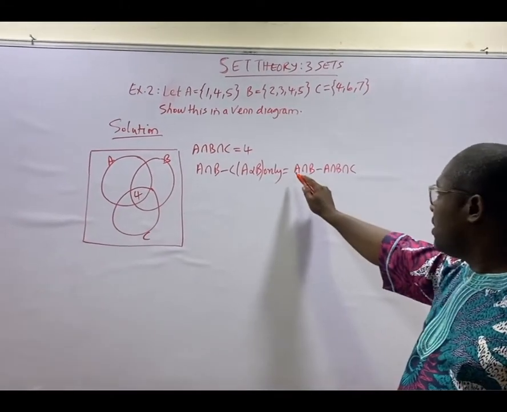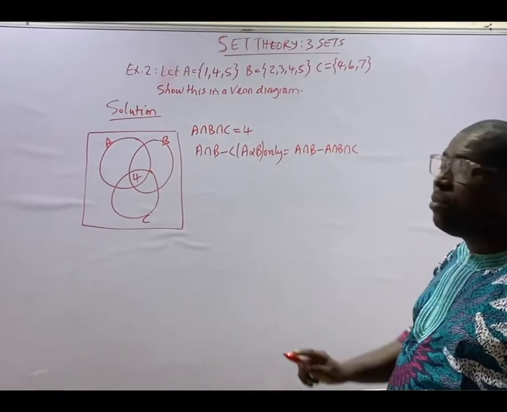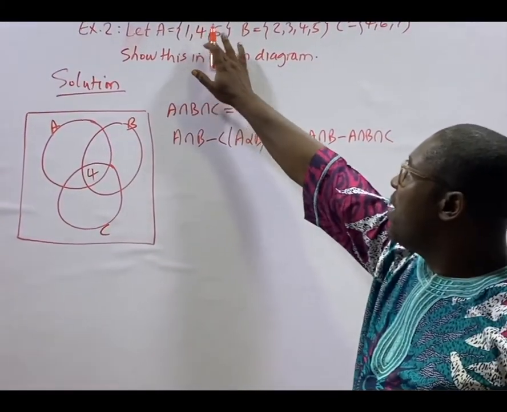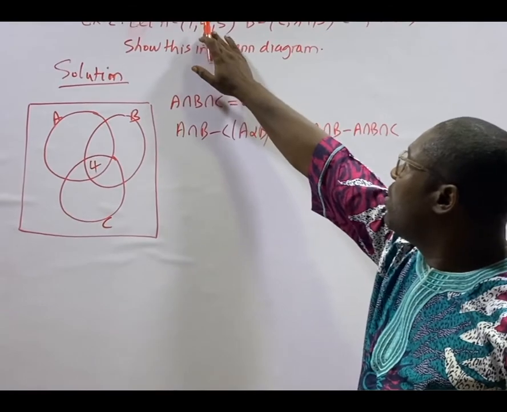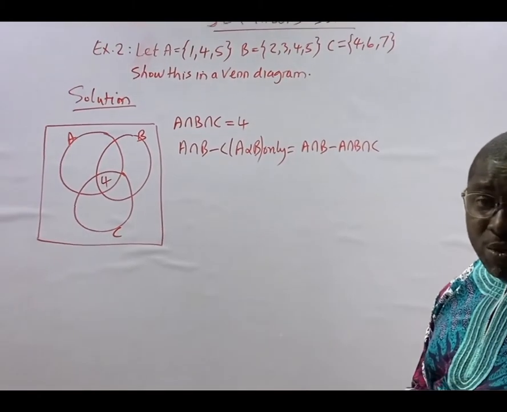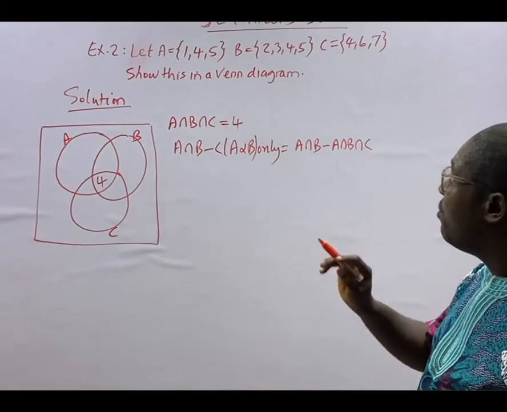So now what is A intersection B? First of all, we have A and B. What is common in A and B? Can you see that? It is 4 and 5.